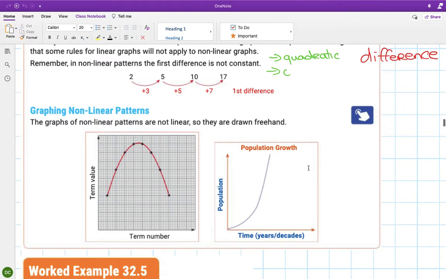And the 2 pictures here actually show different non-linear patterns. So for it to be non-linear, basically it's not a straight line. So there's all different types of graphs that are non-linear.